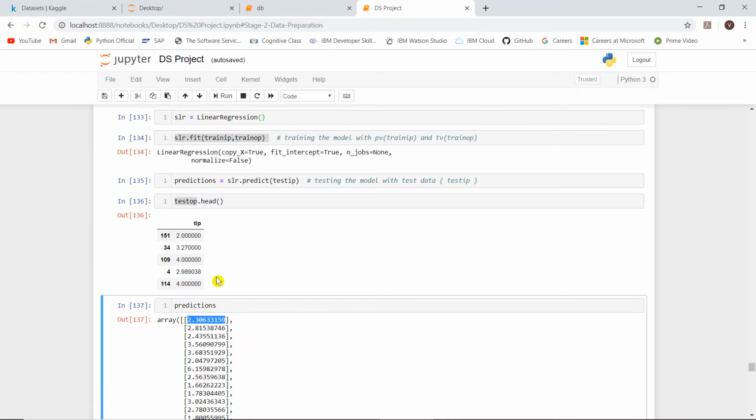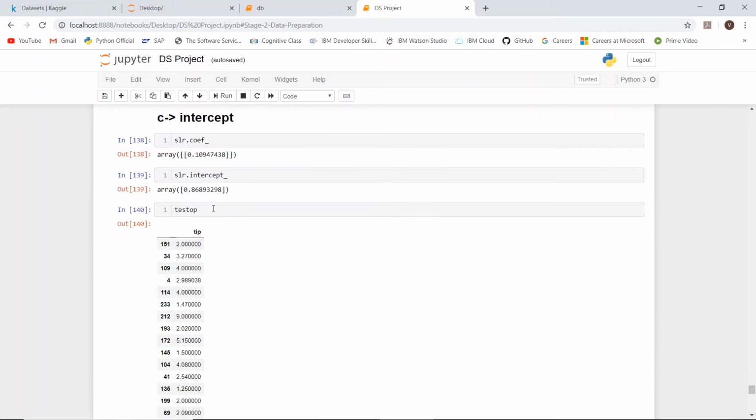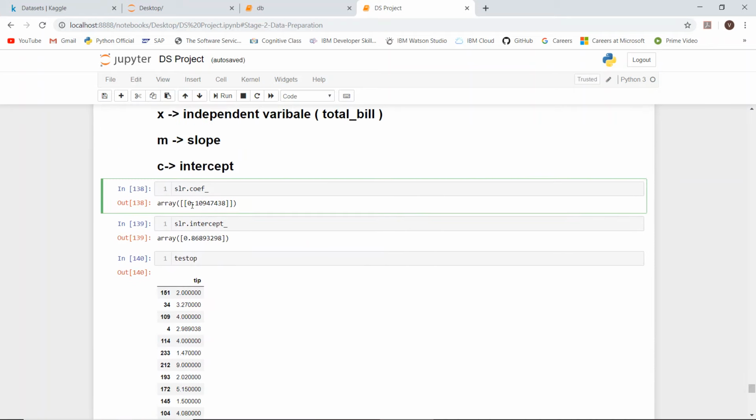So the model learns m and c and substitutes the coefficient. Here it has given the coefficient, this is the m value and this is the c value. It will substitute for every input testing value, and then it will calculate the y value, friends.